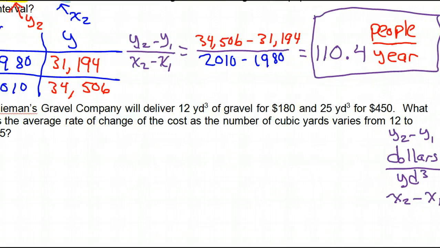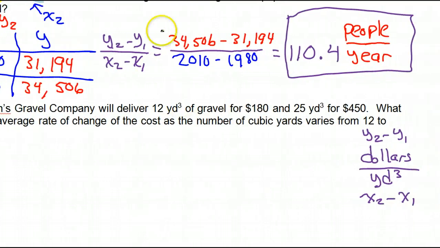Okay, so let's match them up. We have 12 cubic yards. We want the cubic yards to be the x value. So this is an x value, and this is an x value. Let's call this x1, and we'll call this x2.